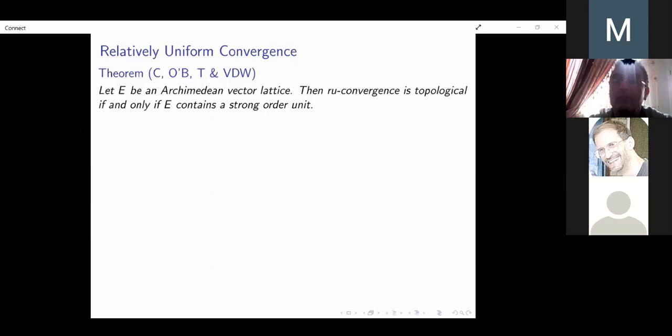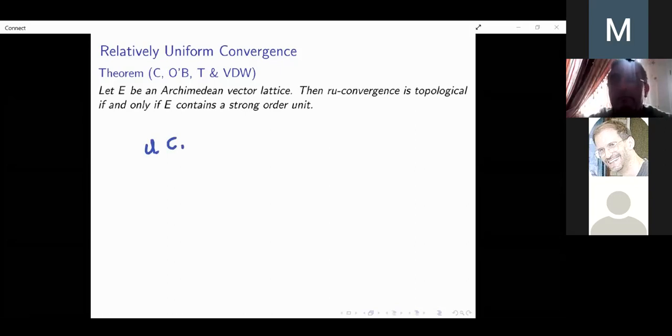So what completion condition do you put on your vector lattice? The uniformly complete. Okay, uniformly complete. If the uniform completion has a weak order unit, then the relatively uniform topology is topological, I think.